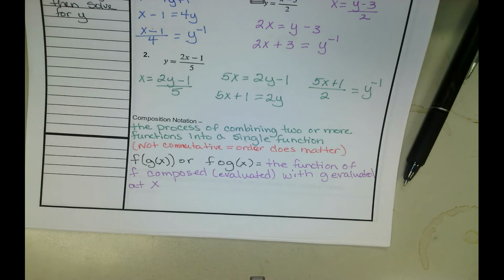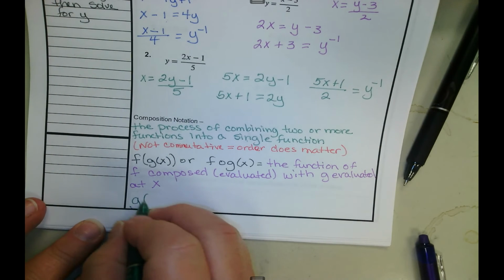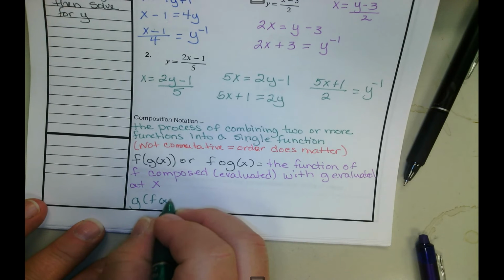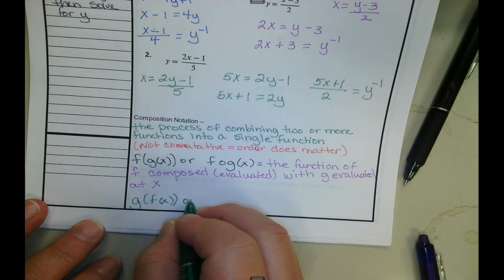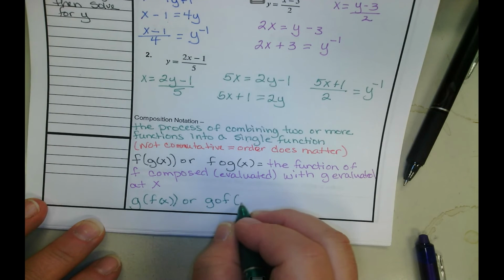Okay, so that's one way, that's if we're starting with the function g and then putting it into f. You can also do g evaluated with f, which has been evaluated with x, or g of f of x.